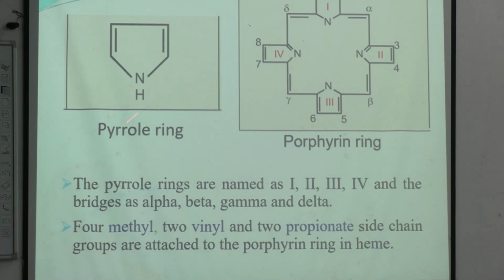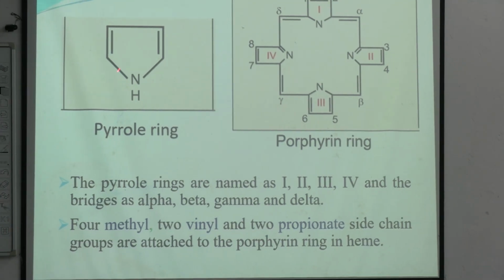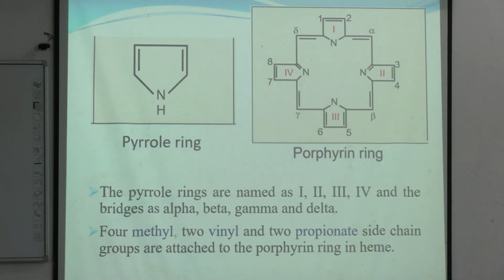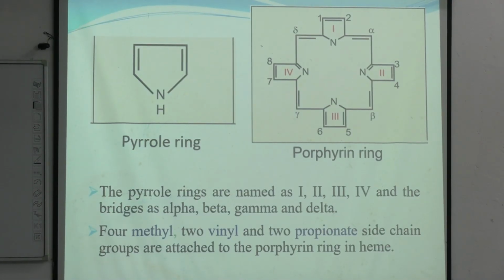Here, it is a pyrrole ring. See, a 5-member ring, 4 carbons, 1 nitrogen. So when such 4 pyrrole rings are linked by methynyl group bridges, then what happens?